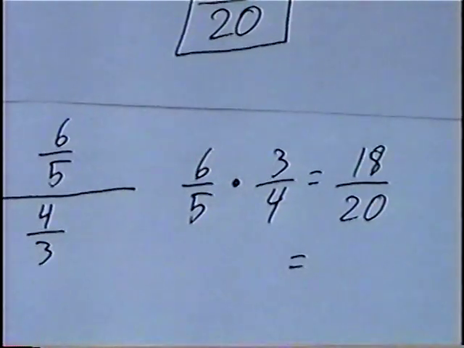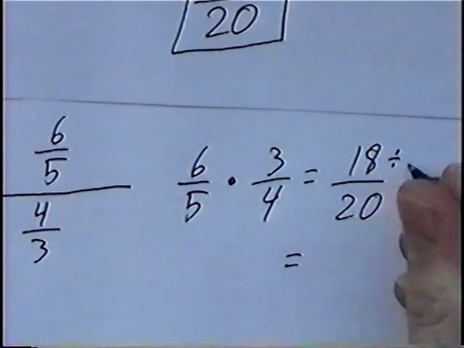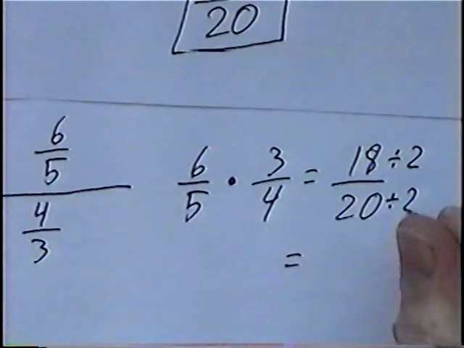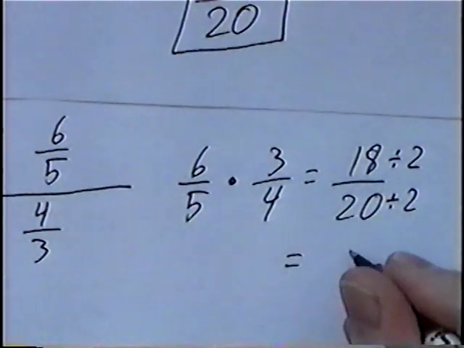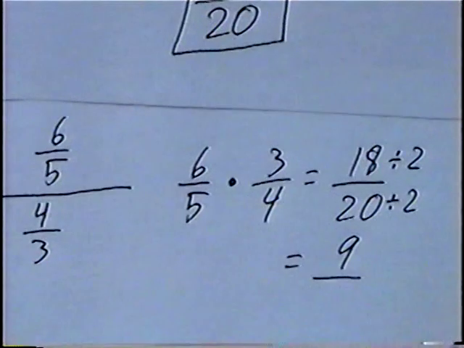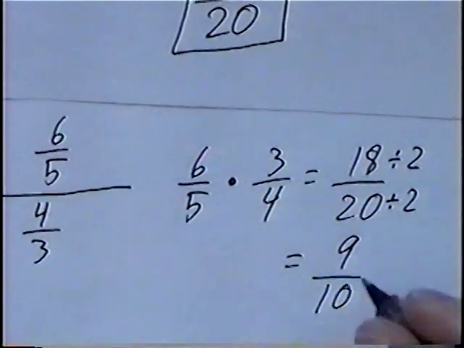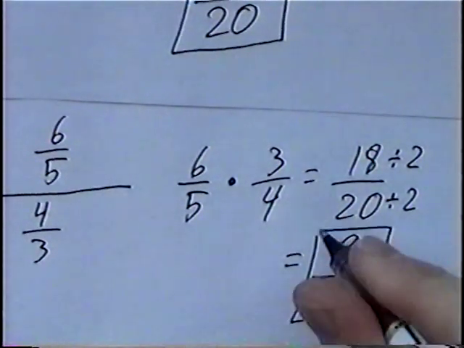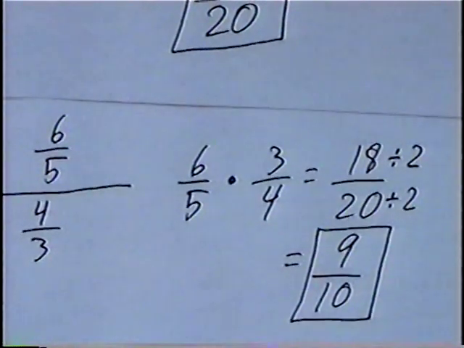Reducing fractions again, we can divide each by 2. 18 divided by 2 would be 9, and 20 divided by 2 would be 10. So our final answer would be 9 over 10.